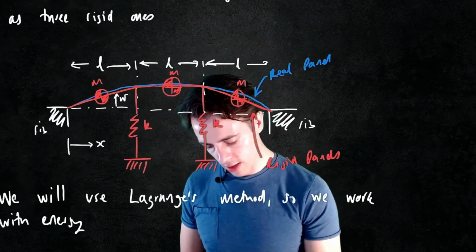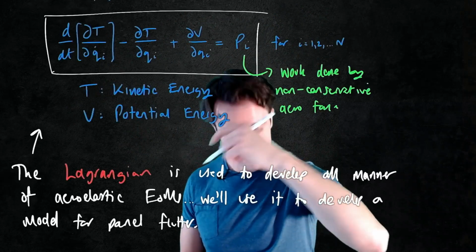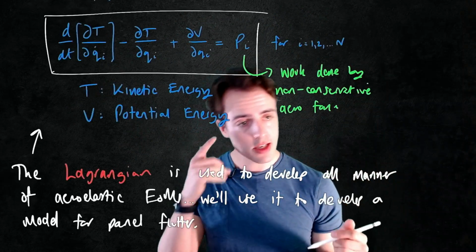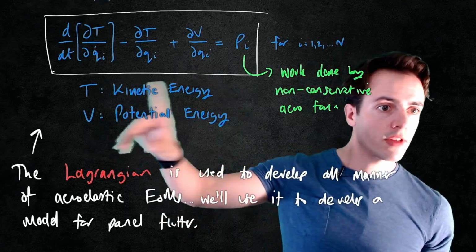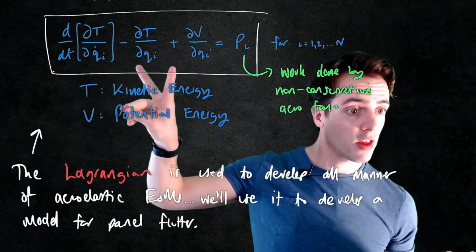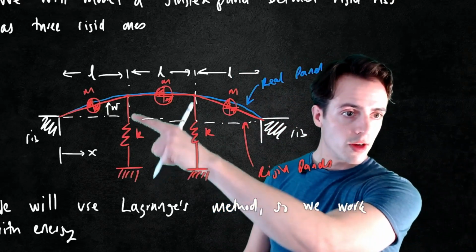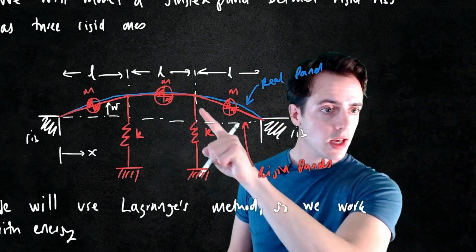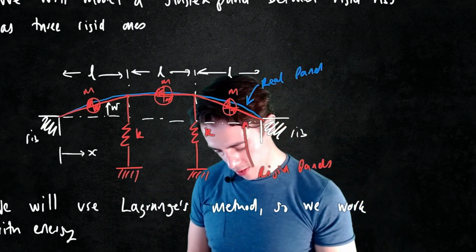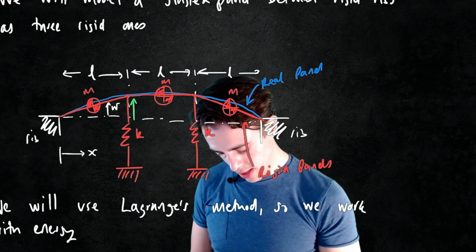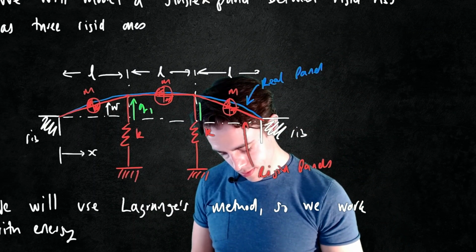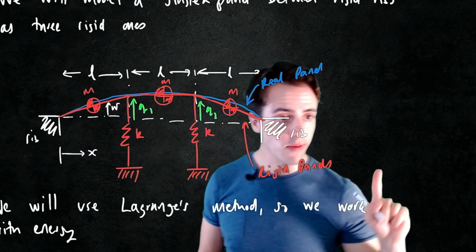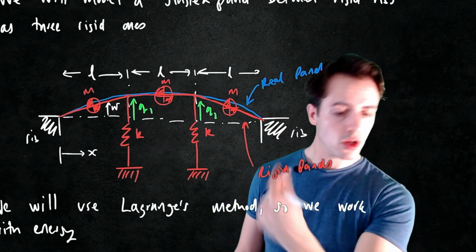So remember the Lagrangian, let's go back to it. We need the kinetic energy and the potential energy of the entire system, and then we need to do derivatives with respect to some sort of displacement or generalized coordinates. Those two generalized coordinates are just the displacement here and the displacement here. This one is Q1 and this one is Q2.